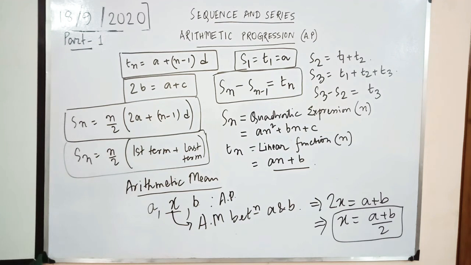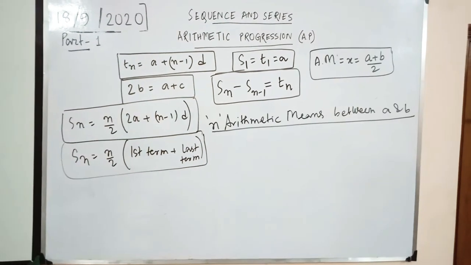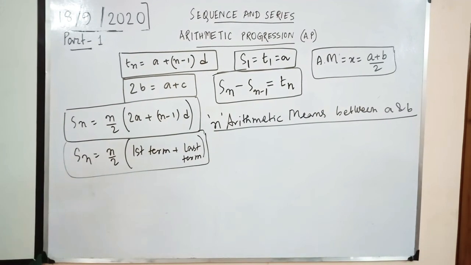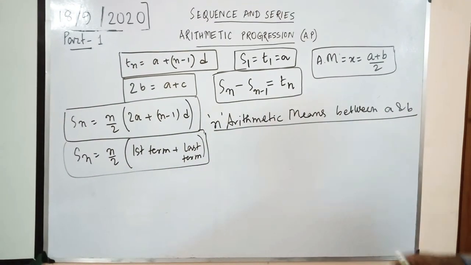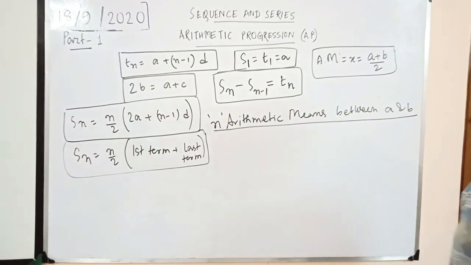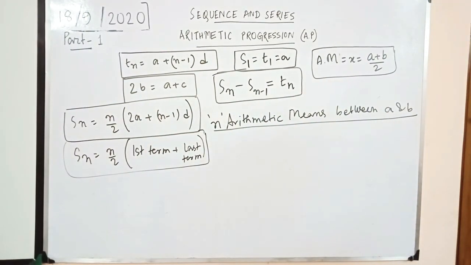Now we will try to insert n number of arithmetic means between two numbers. So we try to insert n arithmetic means between two numbers a and b. Here I have written the formula of arithmetic mean x, which we learned just now.